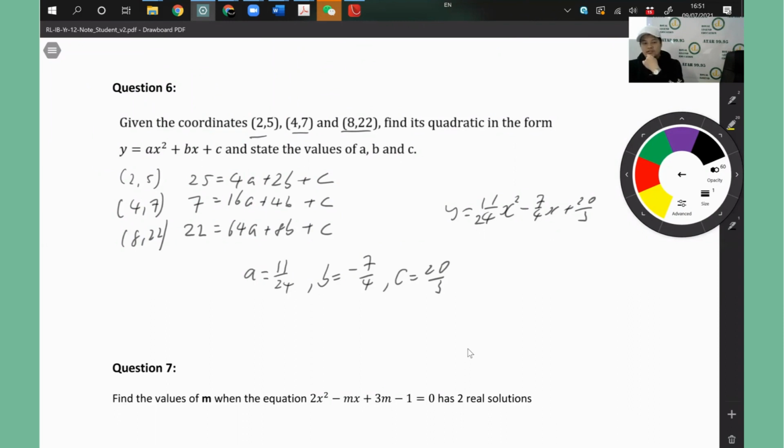All right, have a look for 7. No pattern. Think about how to do the question first. Do it by yourself.